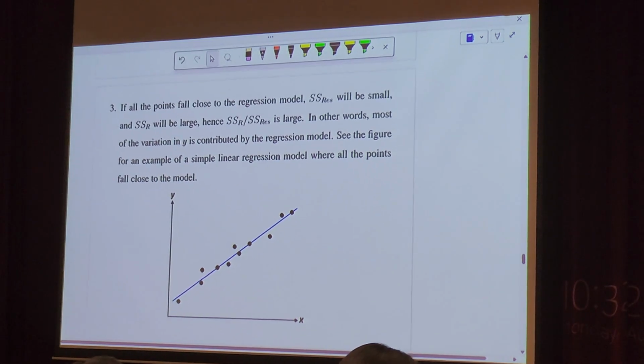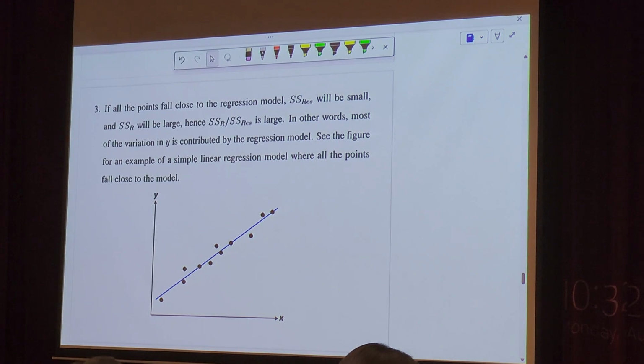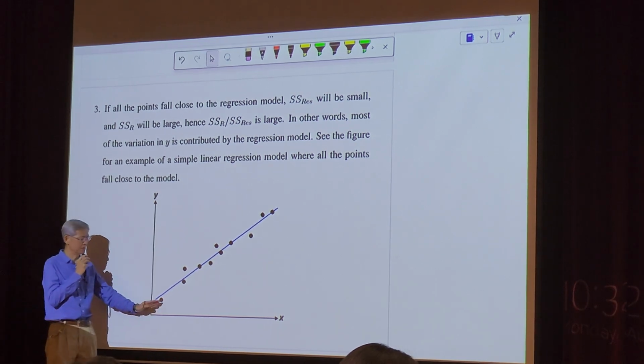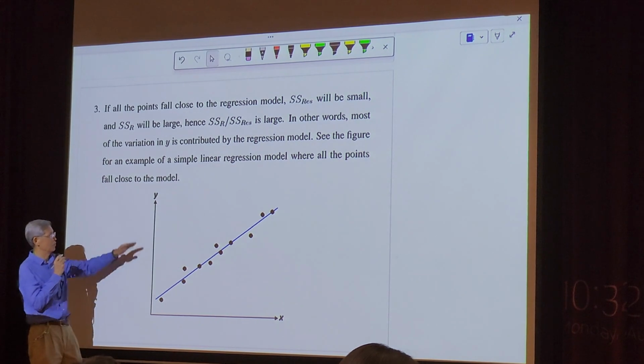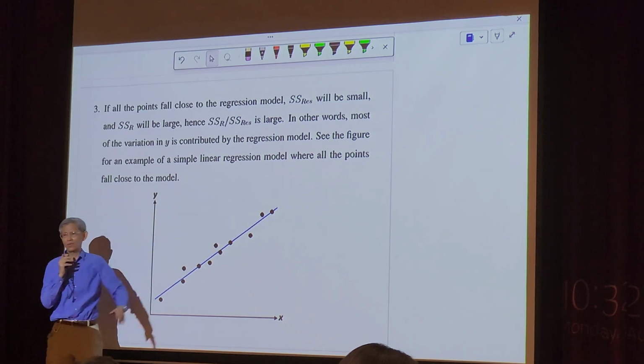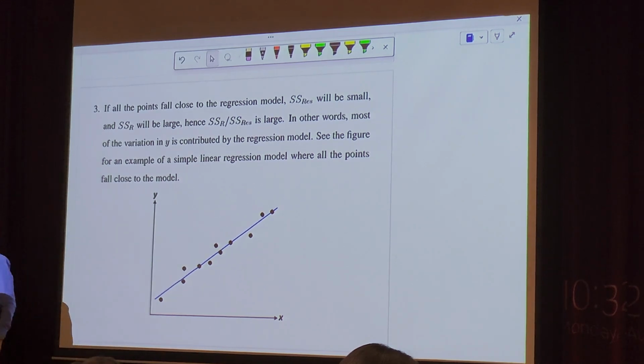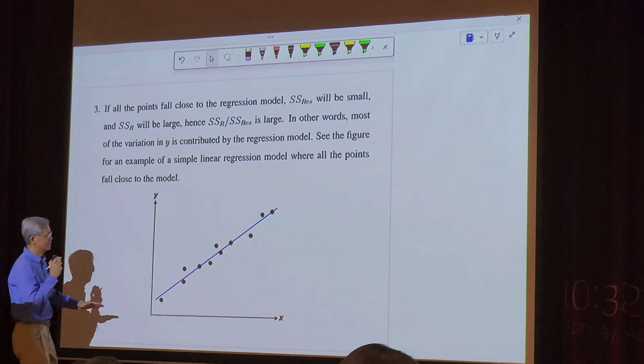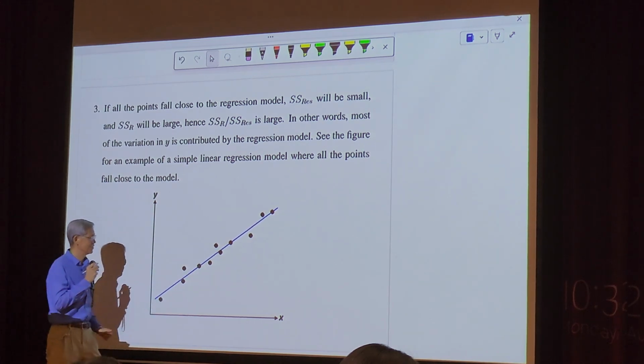This is the more likely scenario. You collect the data. X could be the year after graduation. Y is your monthly salary. It has to go up. Whether it's linear or not, I do not know. It could be a curve. But it has to be an increasing trend.